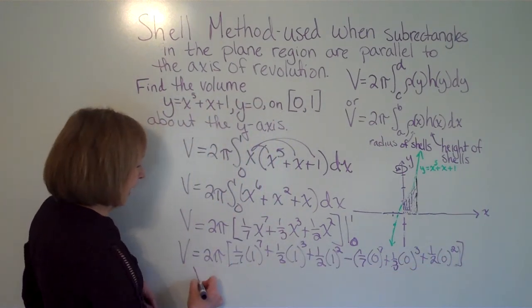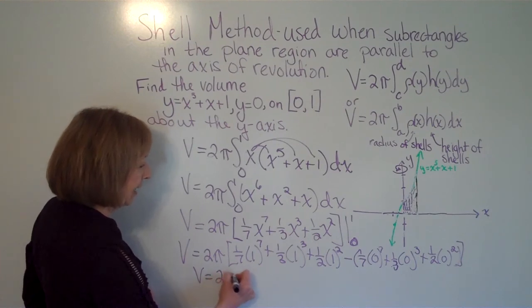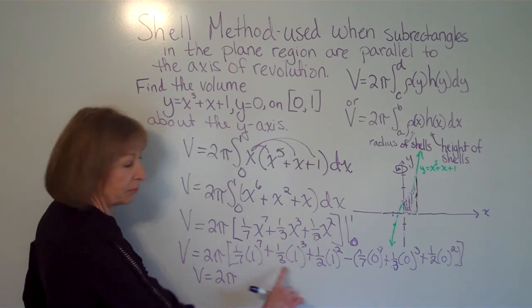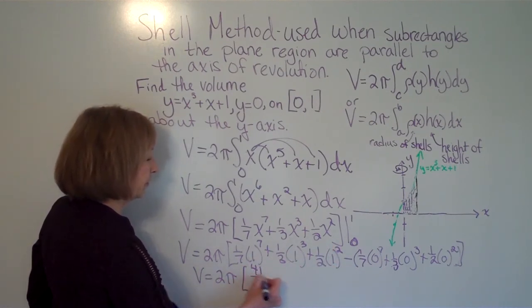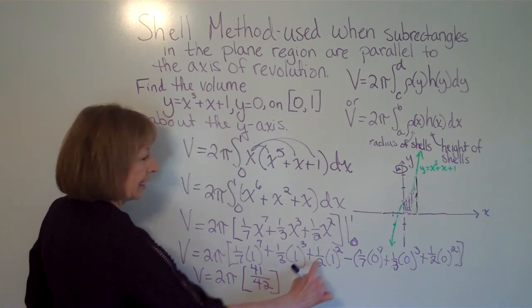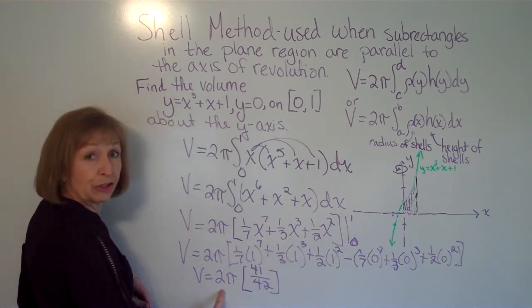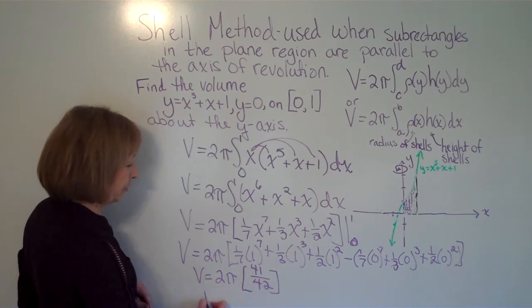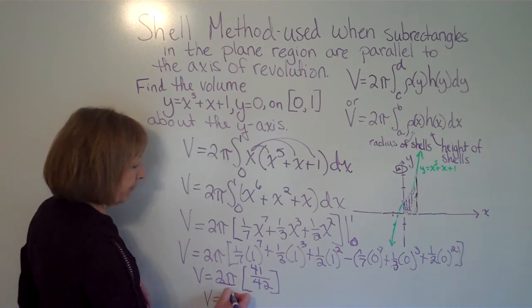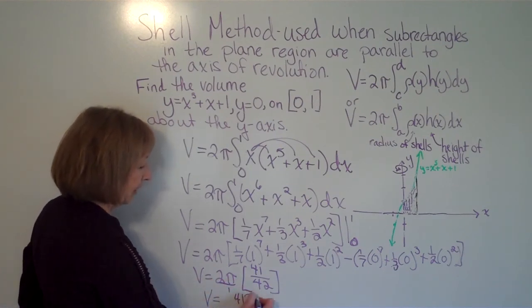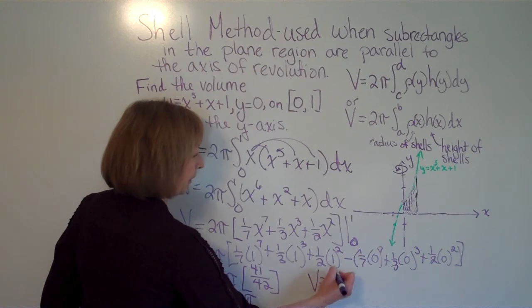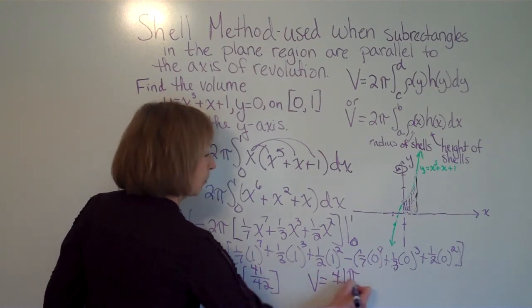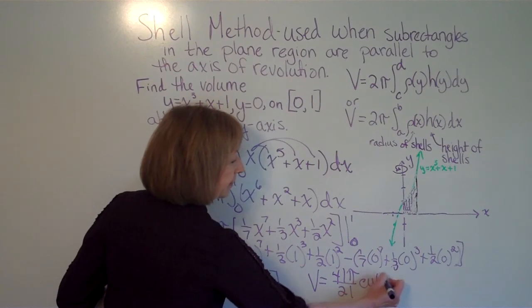Looking at our evaluation, that's 2 pi times 1/7 plus 1/3 plus 1/2, which is 41 over 42 because it's minus 0. Then 2 pi times 41 over 42: there's a common factor of 2 top and bottom, so my volume is 41 pi over 21 cubic units.